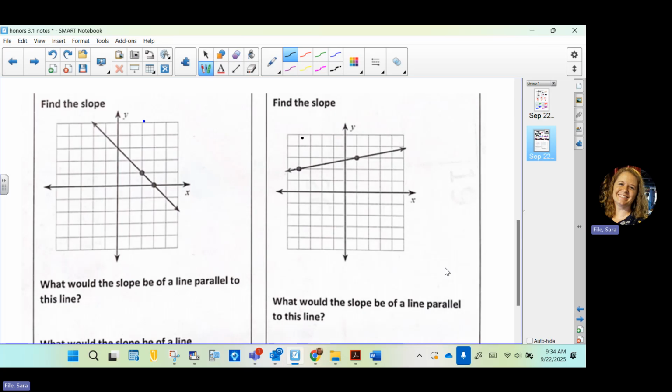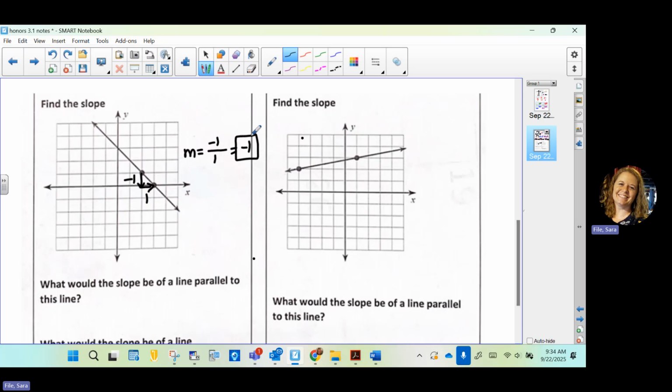I'm going to count between those points, because they've already picked the points for me. I'm going to start on the left, and I'm going to go down 1, right 1. So my slope is -1, because I went down and to the right. So rise over run, that's just -1.